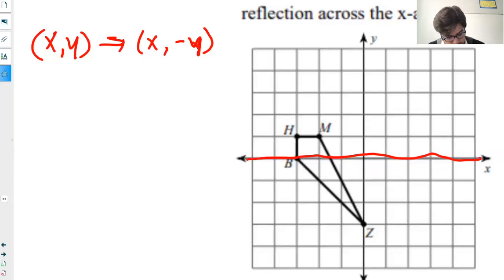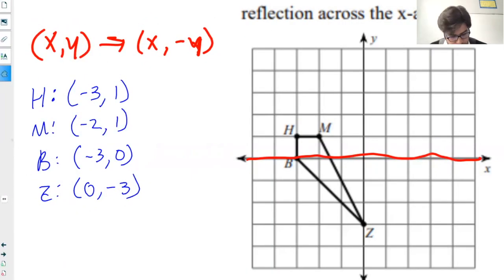Let's quickly pull up the values of each point. All we're going to do here is reflect across the x-axis. That just means we keep the x values as they are, and then we change the sign of the y values. Let's try this, and maybe I'll do it in a different color.